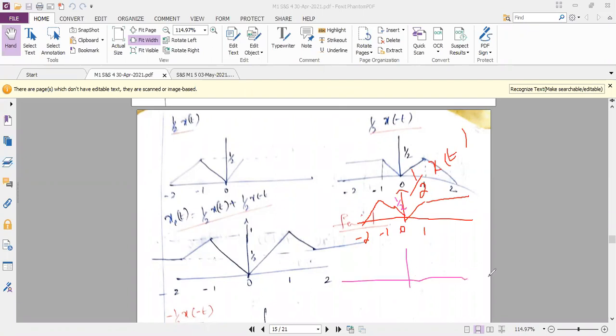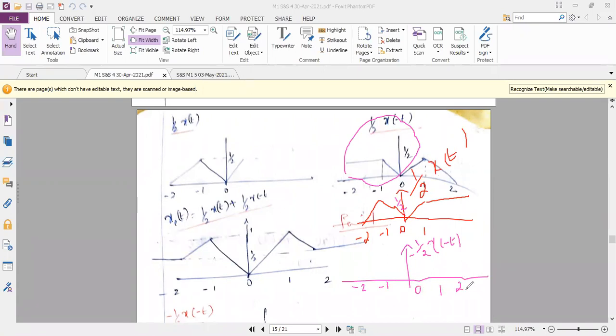In my PDF notes, I have 1 by 2 x of minus t diagram. So keeping that as reference, I'm going to draw the diagram for minus 1 by 2 x of minus t. So let me draw the time minus 2, minus 1, 0, and 1 and 2.